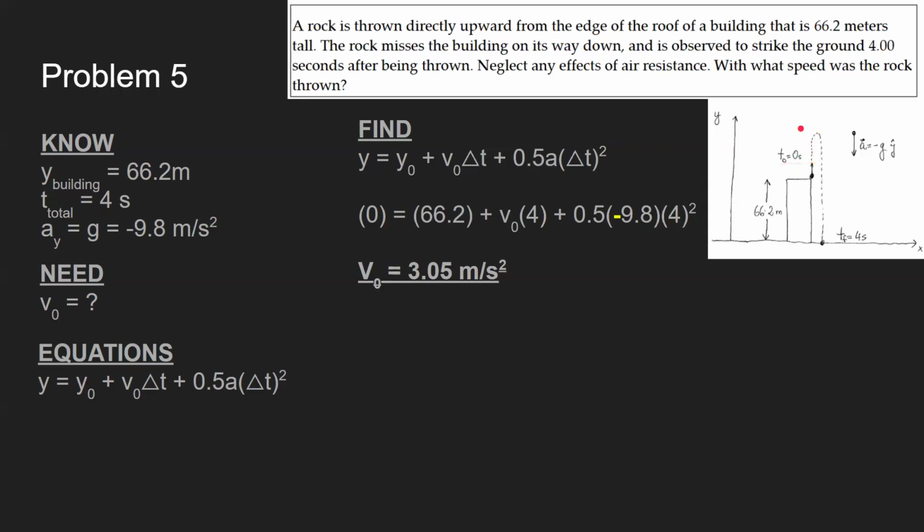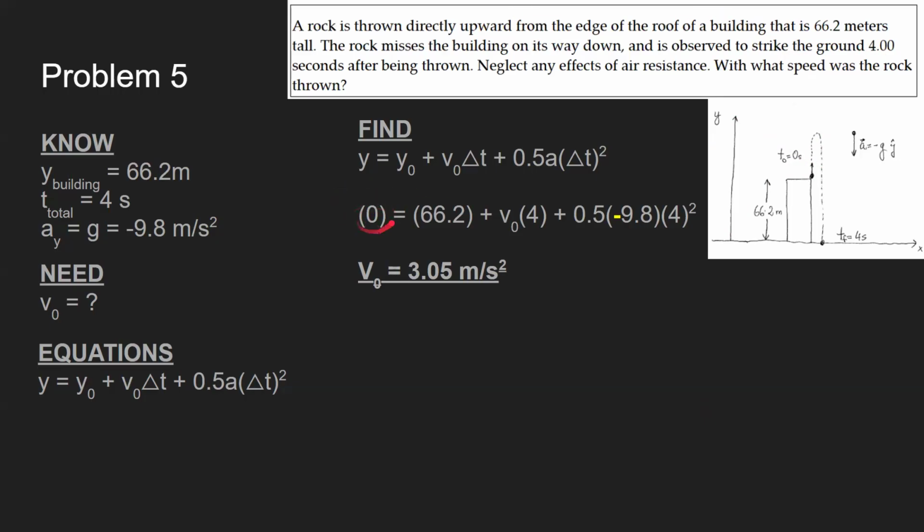That's the thing about this problem that might make it tricky. You might think, well, how far does it go up? That actually doesn't matter because it just gets subtracted again. It's like a mirror of it. It cancels out once it gets back to here again. The only thing that does matter is the time, but we know that the whole thing is 4 anyways. So we know everything. This is actually a really easy one.